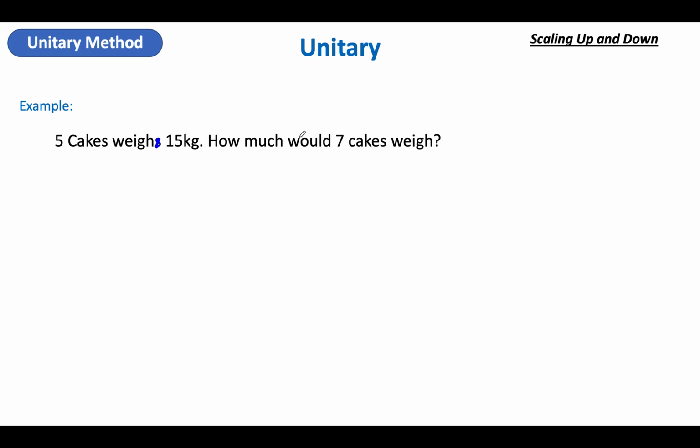Now, unitary method, there is a clue in the name, and it's the unit part. Unit is basically one of something, 1 unit of it, and that's what we're going to do. We're going to find the value of 1 unit first. And I've put value there, not cost, because like this one, there's no money involved. The value of this is how much it weighs.